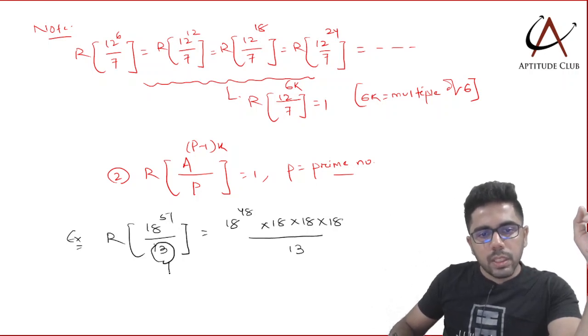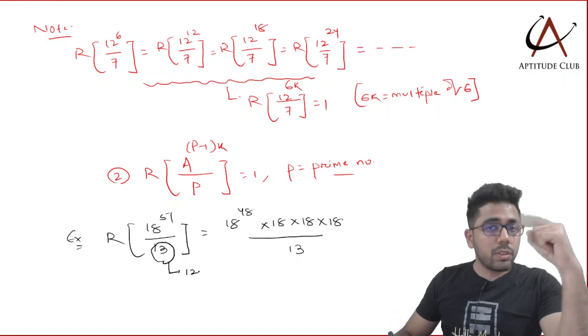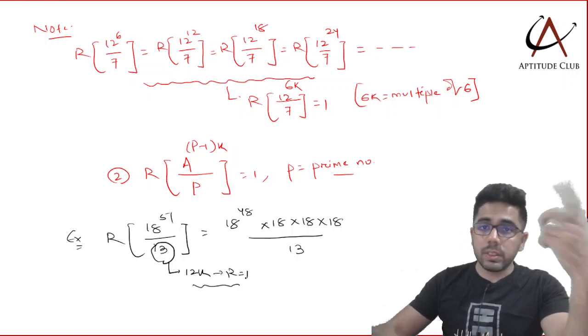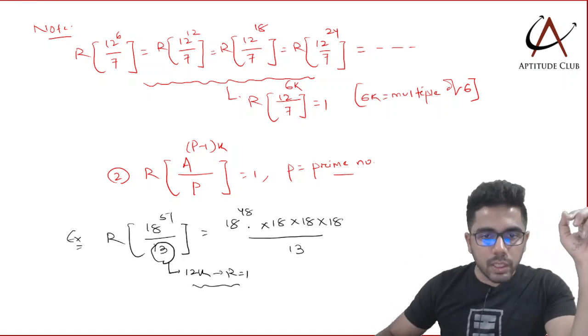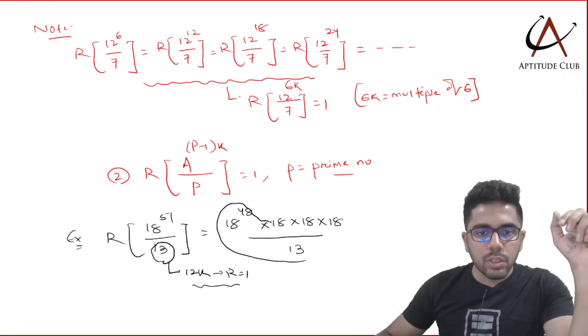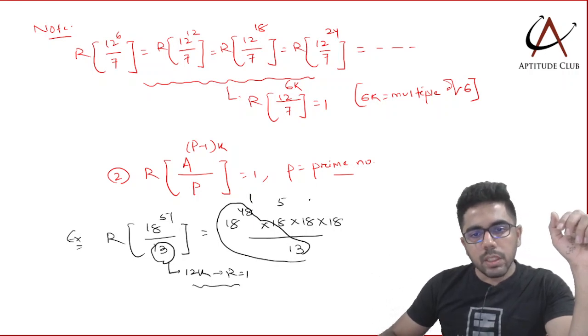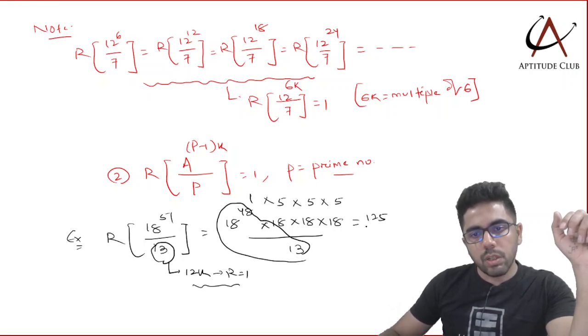Because if 13 is there, then in the power either you need 12, or any multiple of 12, to get remainder 1. That is why I took 18 to the power 48. So I can directly say 18 to the power 48 has remainder 1. And every time 18 is divided by 13, the remainder is 5. And the remainder of a product is the product of remainders. So you get 125 divided by 13, remainder is 8.